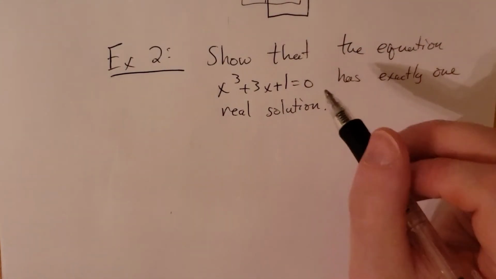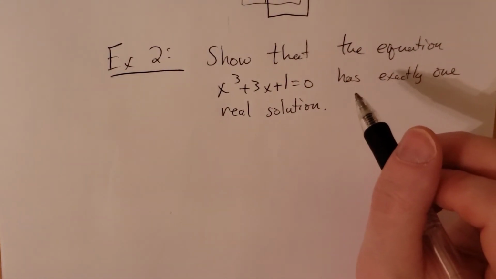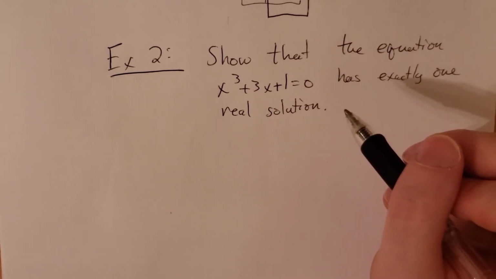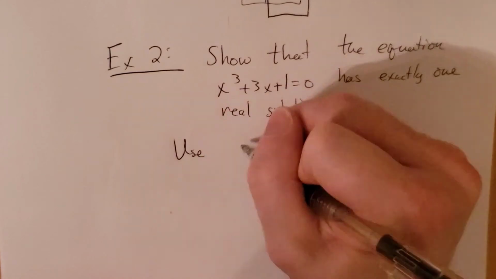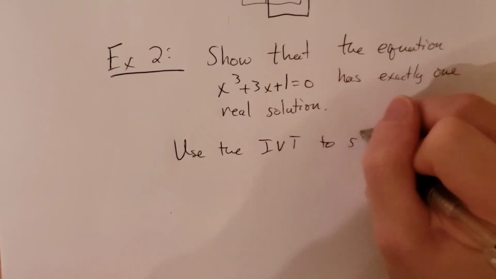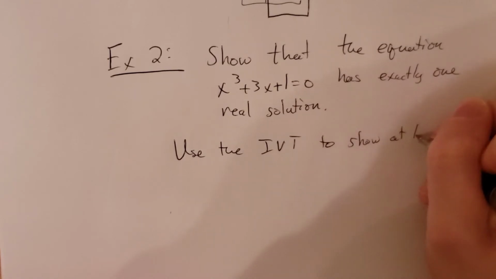First, how do we show that there is at least a solution? Well, to show that there is at least a solution, we can use the intermediate value theorem to show at least one solution.